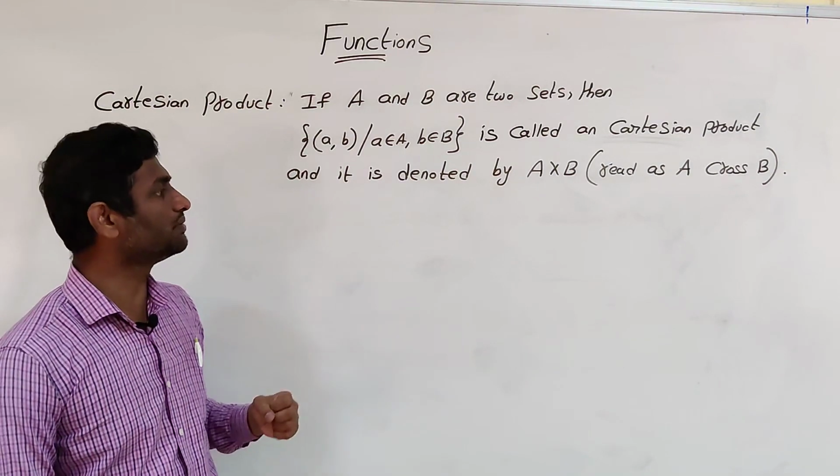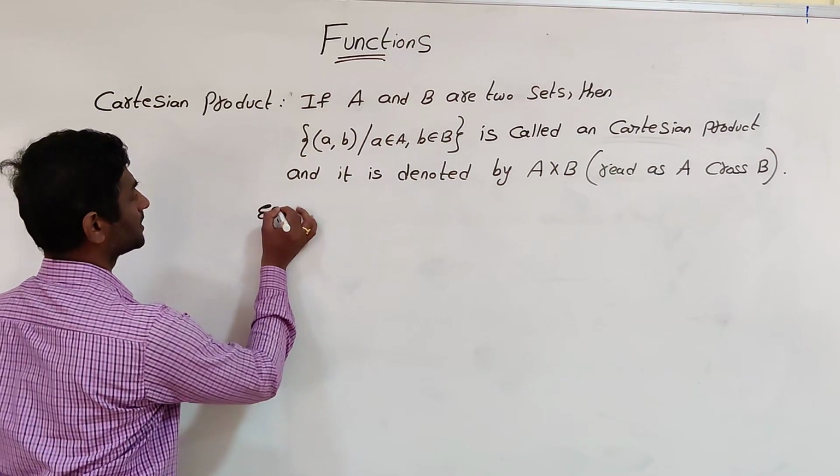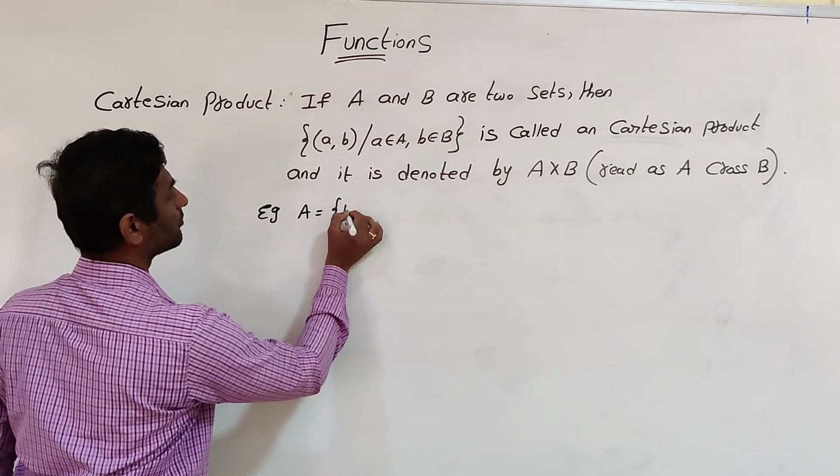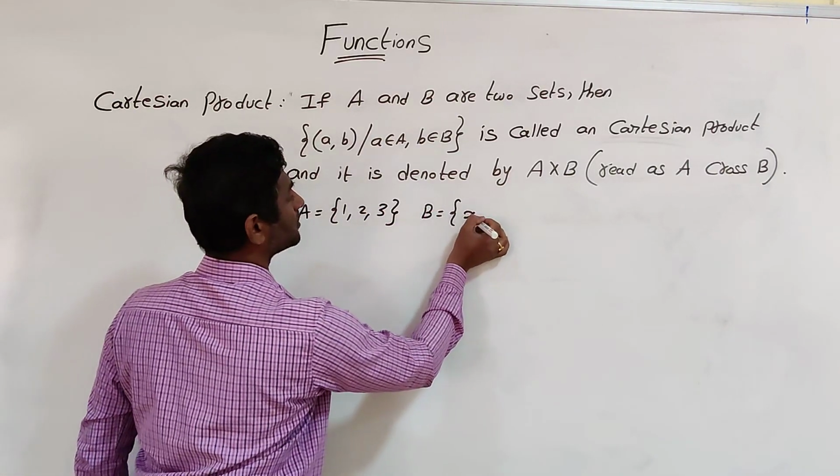Let's take the same example: A is equal to {1, 2, 3} and B is {x, y, z}.